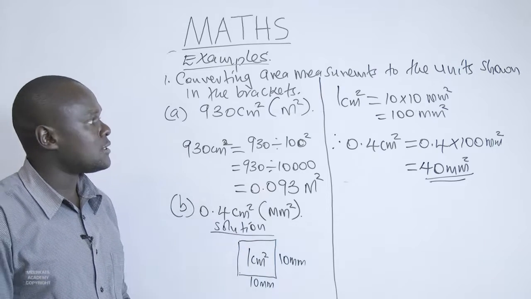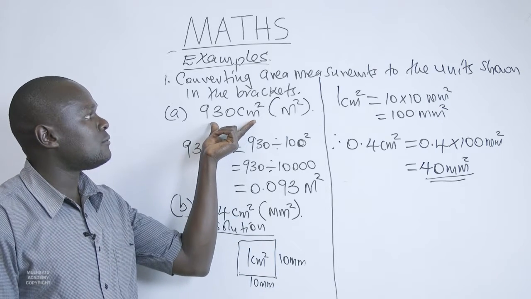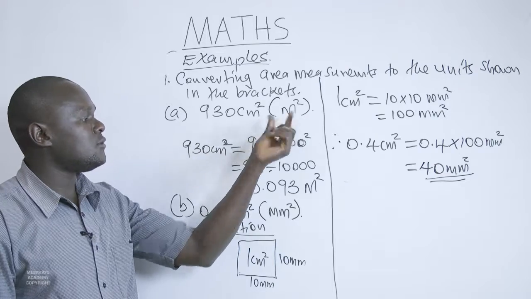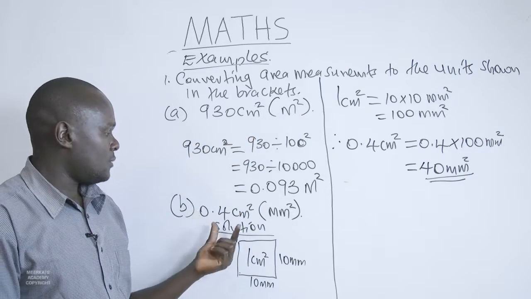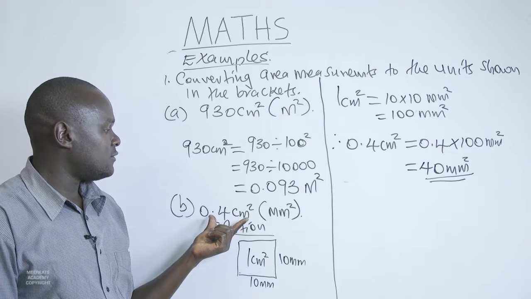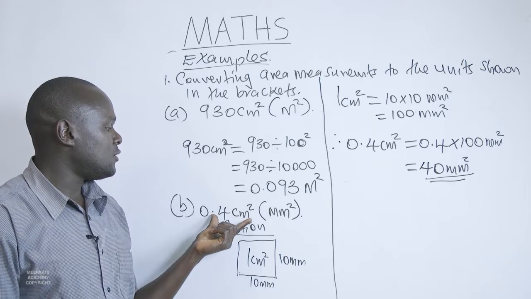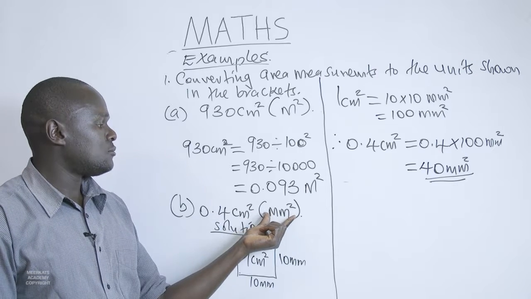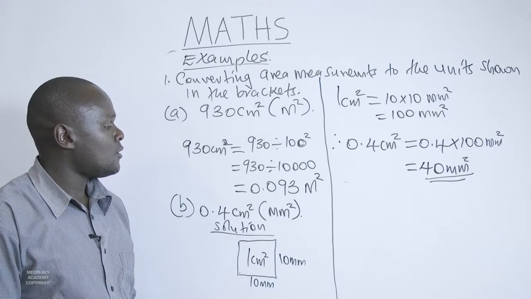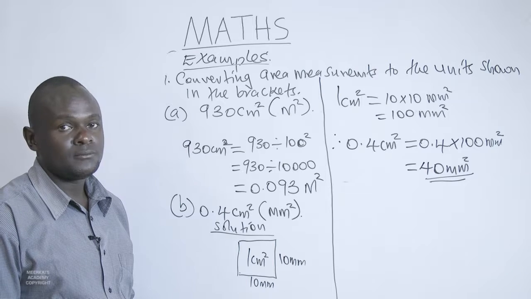This is the second example. In our first example, we converted from a smaller unit to a larger unit. And in this second example, we have just converted from a larger unit, which is square centimeters, to a smaller unit, which is square millimeters.